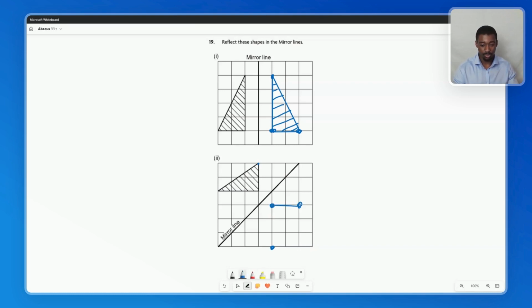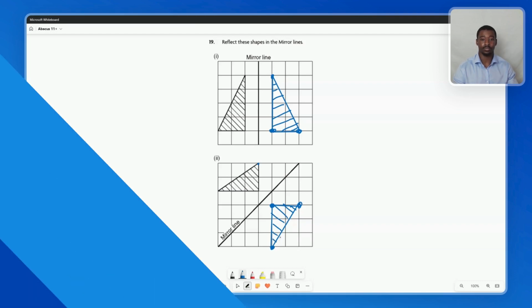Join these up, and here is our reflected triangle, and then let's make it completely correct by adding in the lines. So here is our answer.